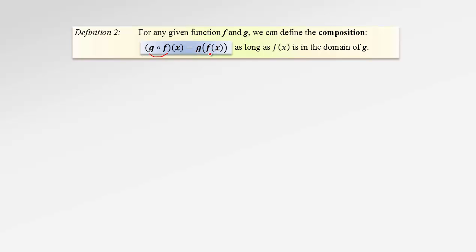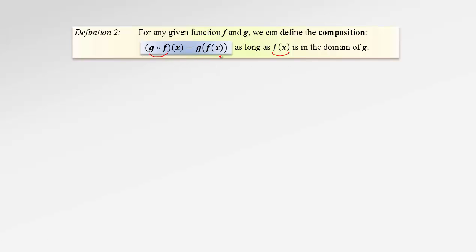So what happens is, we calculate what f of x is first, and then plug in this value inside the g function. So it's like a chain. The value of the inner function becomes the input for the outer function g. Obviously, this can be performed only when the value f of x is really in the domain of g, because otherwise we wouldn't be able to evaluate g at this point.